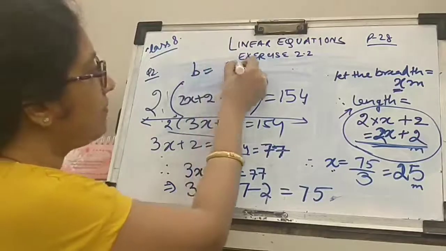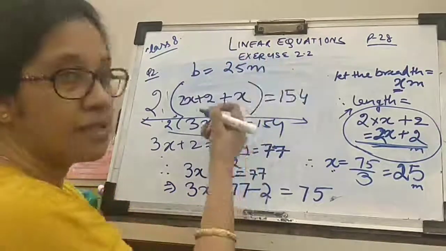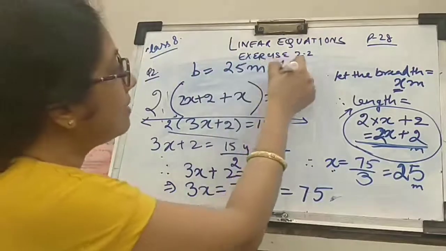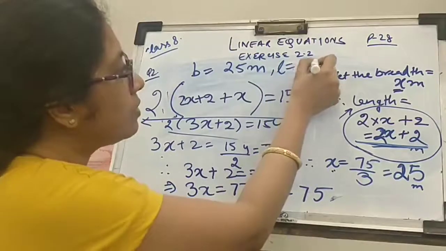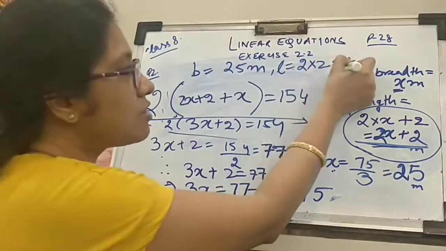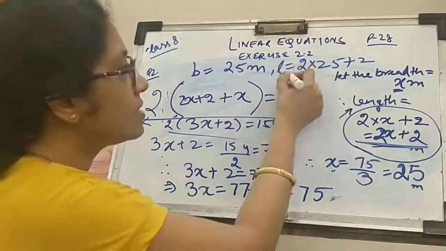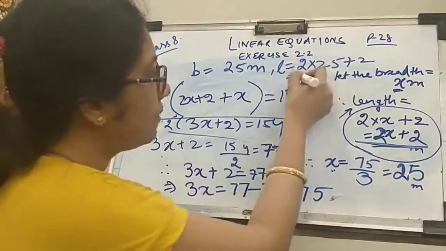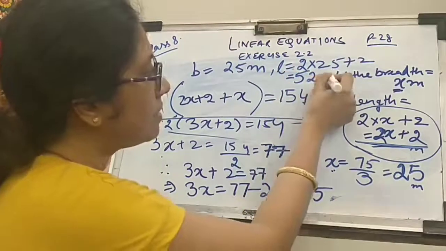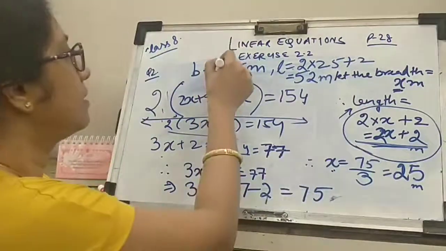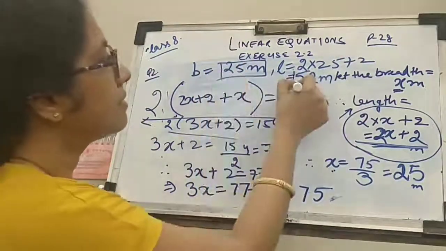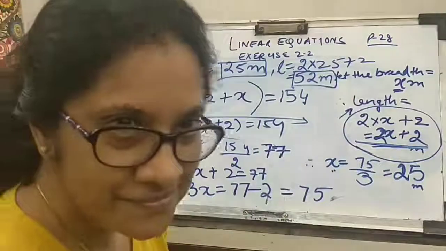B is 25 meter. And what is my length? 2 into 25 plus 2, which is 52 meters. So this is my breadth. This is my length. Okay?